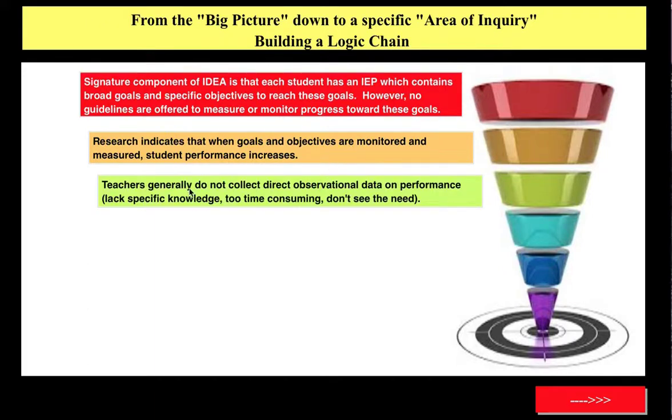Now, the research shows that teachers generally do not collect direct observational data on performance because either they lack the training or the knowledge on how to do it, or it's way too time-consuming, they have enough to do, or they don't see a need, they think they can already do that.